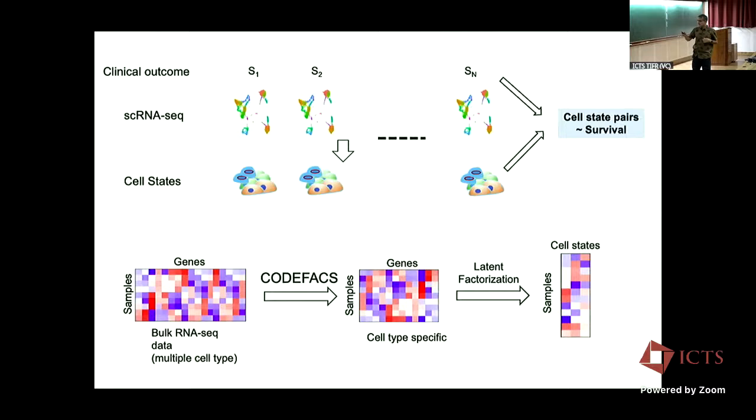The idea is this. There is a thing called deconvolution. I mean, some of you might have heard of it. So the idea is, from the bulk data, can you get cell type specific gene expression out? So the way it works is, you know what type of cells are in that mix, and you know what their signatures are.